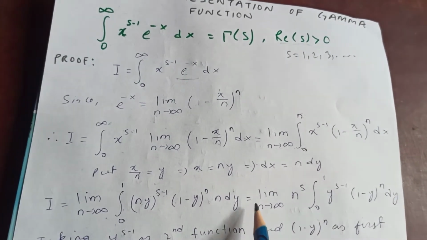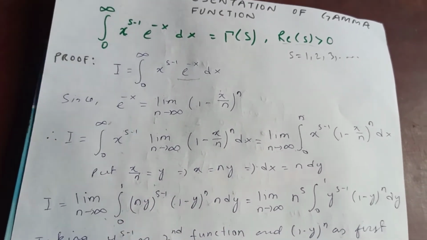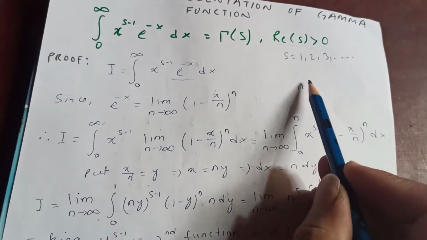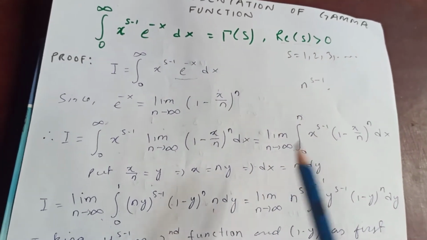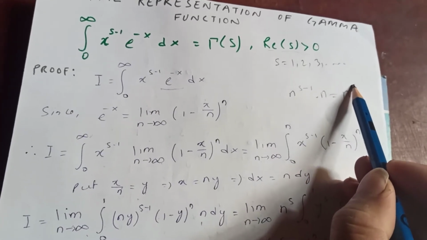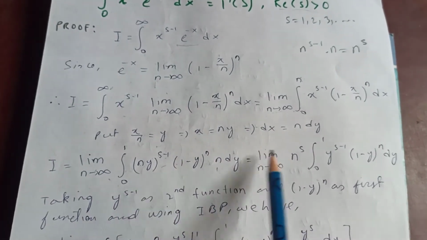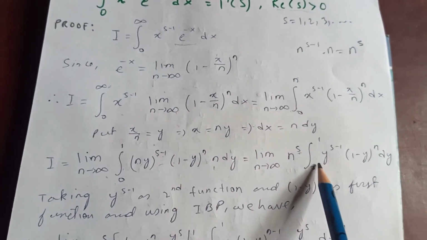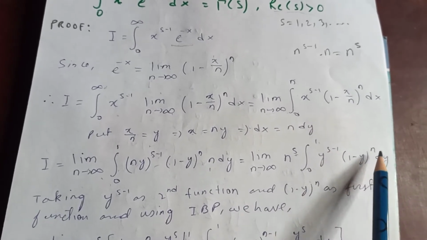So we have the limit as n tends to infinity, and here is n to the s minus 1, and here also n is there, so by the exponential law it will be n to the s only. n to the s is again constant, so it comes out, and we are left with the integral from 0 to 1 of y to the s minus 1 times 1 minus y to the n dy.